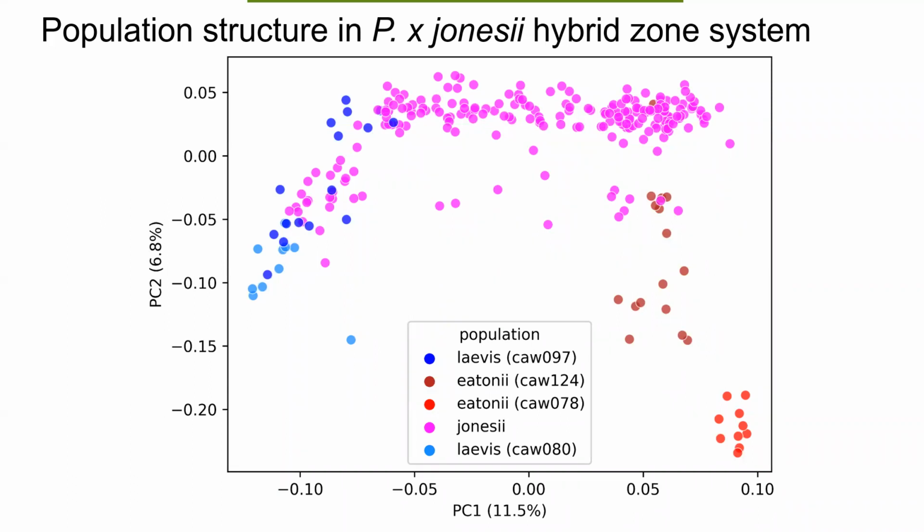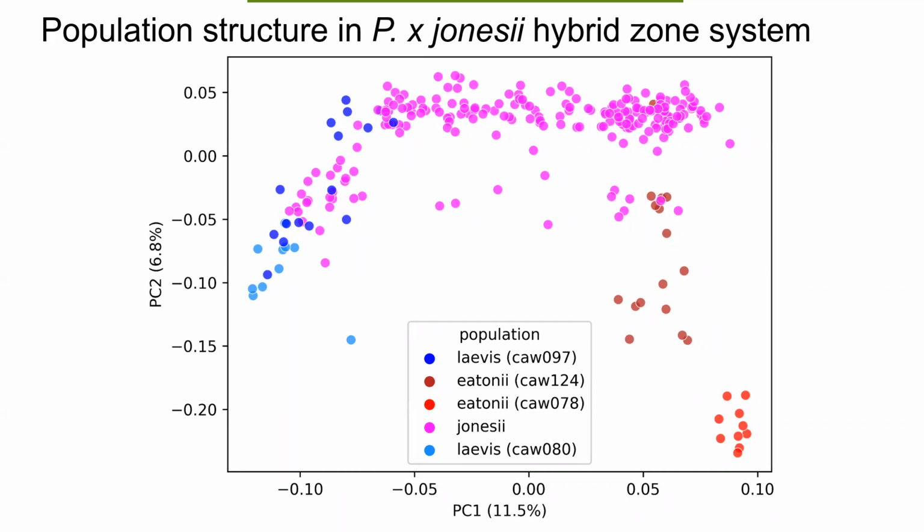And then the lighter colored ones are from a neighboring but somewhat far away population. You can clearly see that, particularly for eatonii, they're not as closely related. And in this genomic space there's a linear gradient that continuously varies from much more like laevis to much more like eatonii.